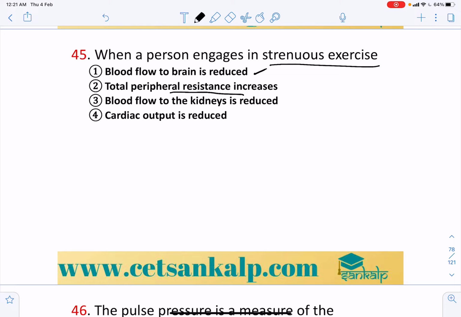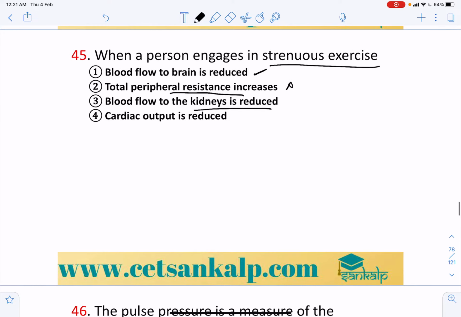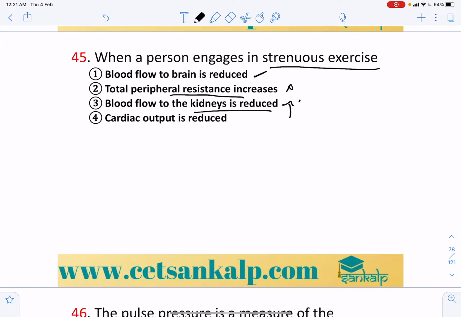Blood flow to the kidney is reduced, right? Keep in mind that blood flow increases to all the organs, and when the blood flow to all the organs increases, the cardiac output will be reduced.